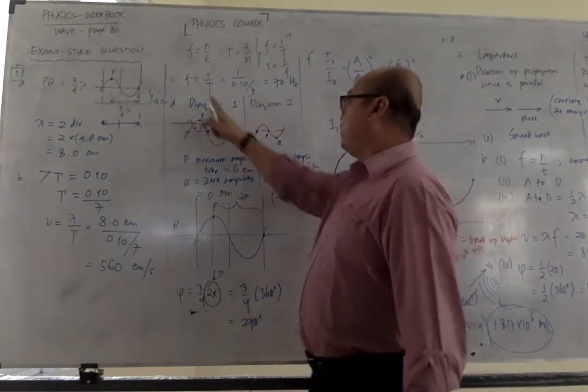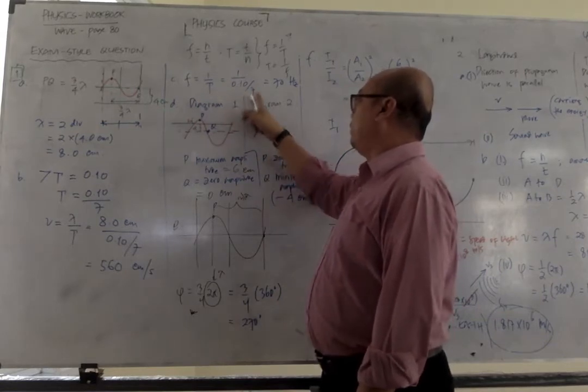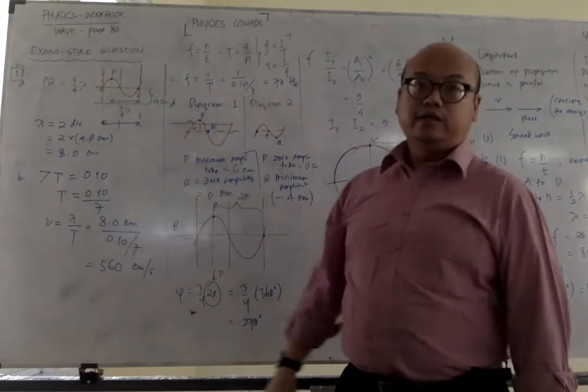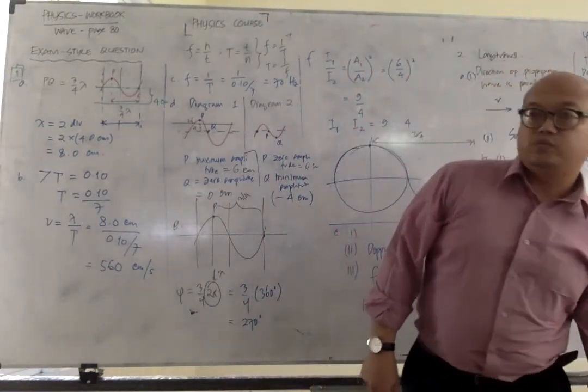So we get 1 over 0.10 divided by 7, which is 70 hertz. That's the frequency of this wave.